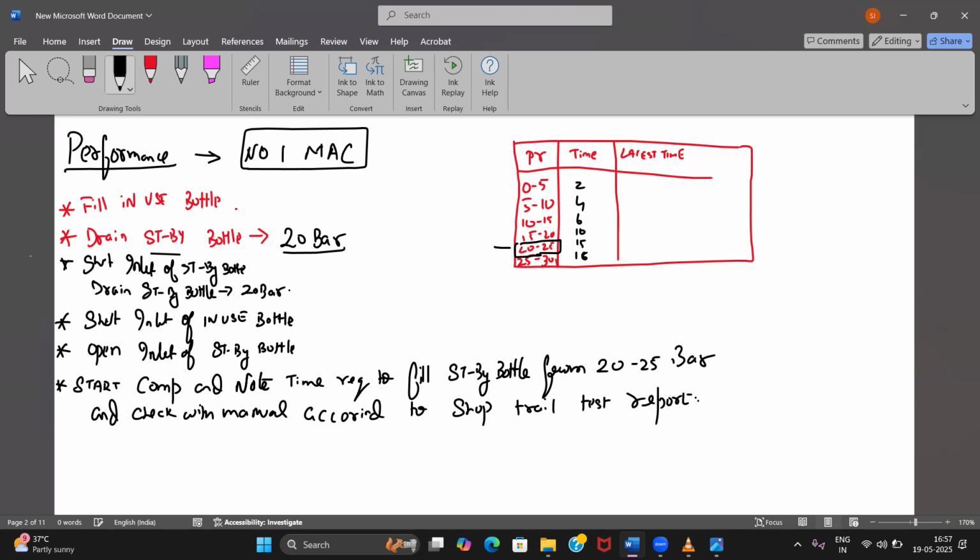So it will give you an indication whether your compressor is working fine or not.